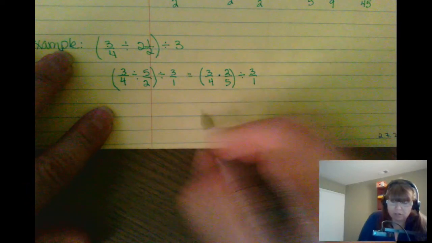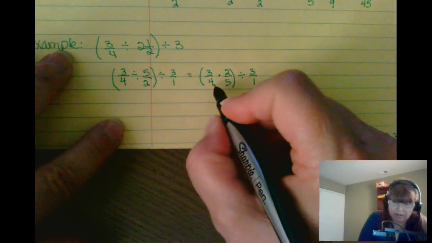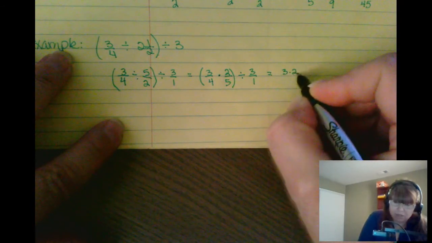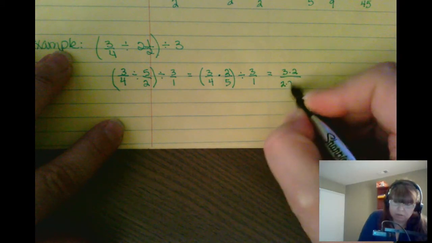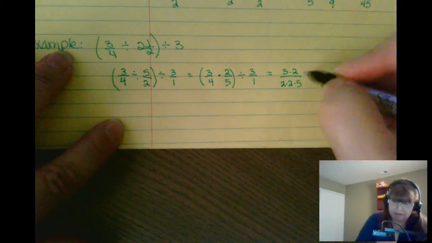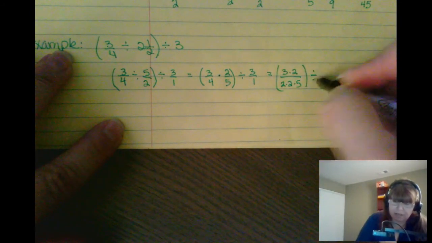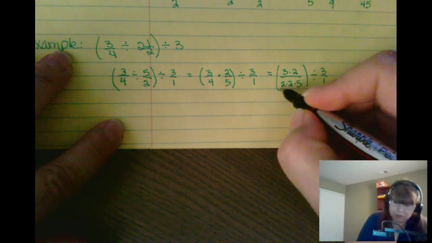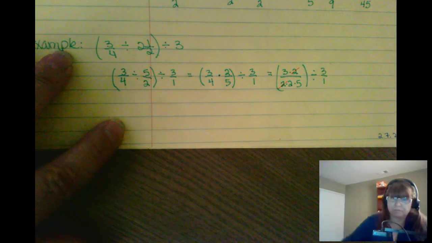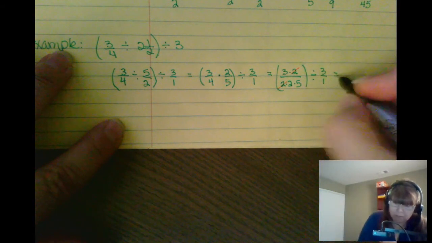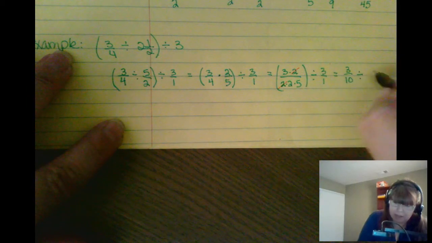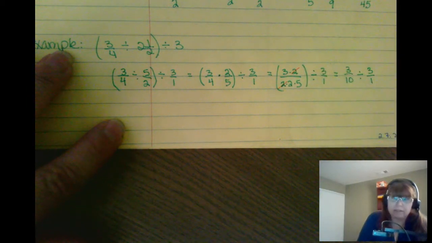Okay. I'm going to go ahead and do the multiplication. Well, I do see 3 times 2 over 2 times 2 times 5 divided by 3 over 1. I can reduce. So my new problem is 3 over 10 divided by 3 over 1.